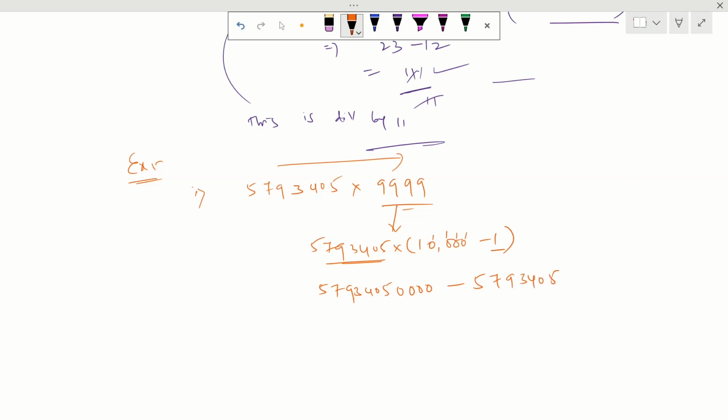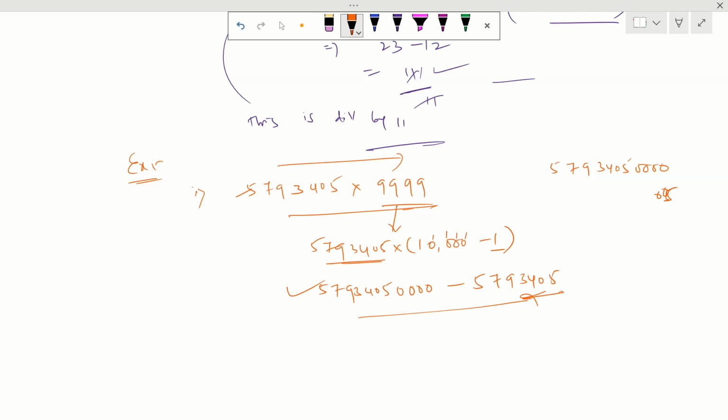Now we can subtract easily. This is easier than multiplying; multiplication here is very difficult, and subtraction we can do easily. We write 57934050000, then write this number here, 0, 50, reversing these numbers, I'm writing in reverse.